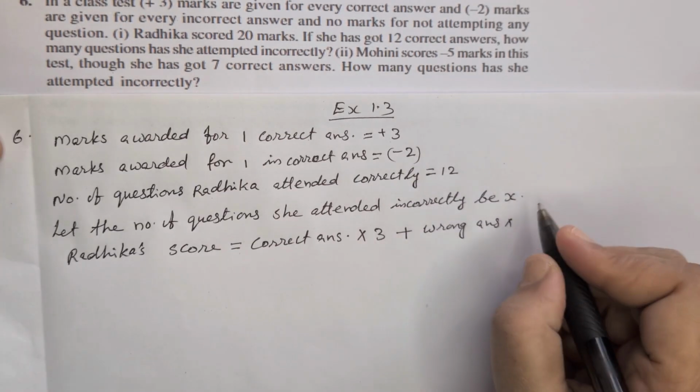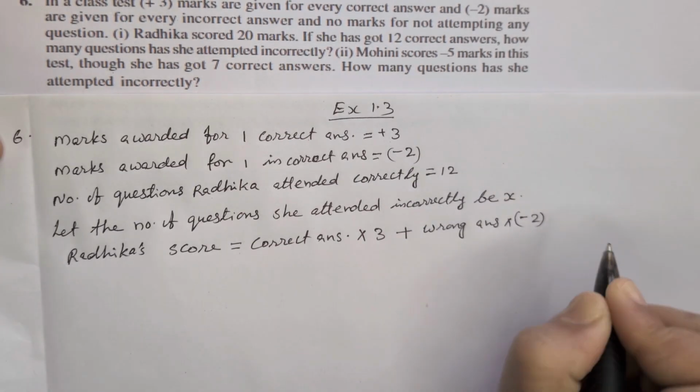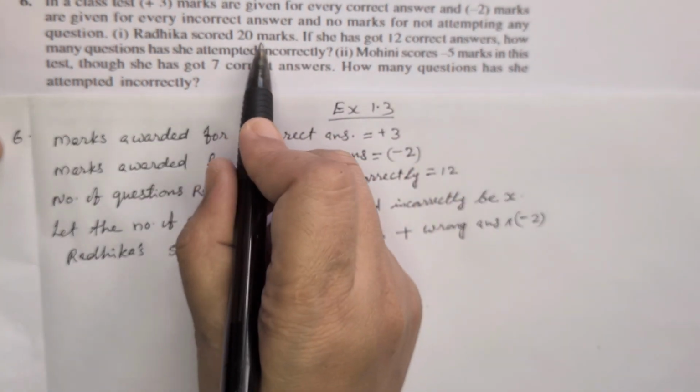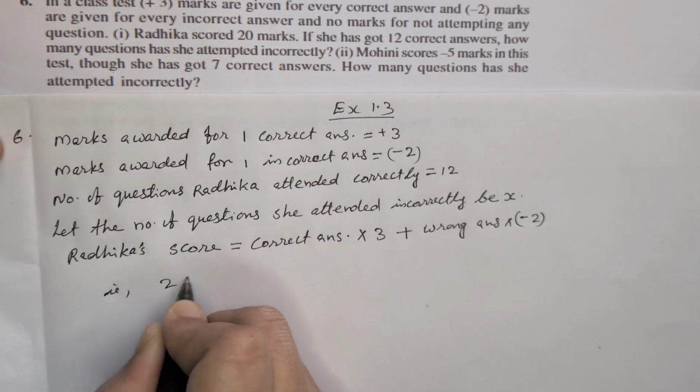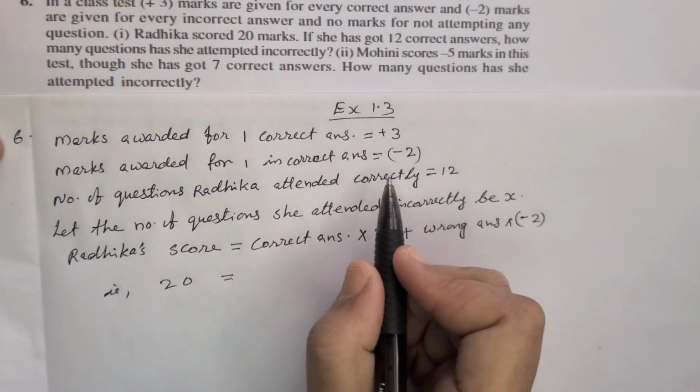So the number of wrong answers is multiplied by minus 2 and the number of correct answers by 3. Finally, it's given she scored 20 marks.